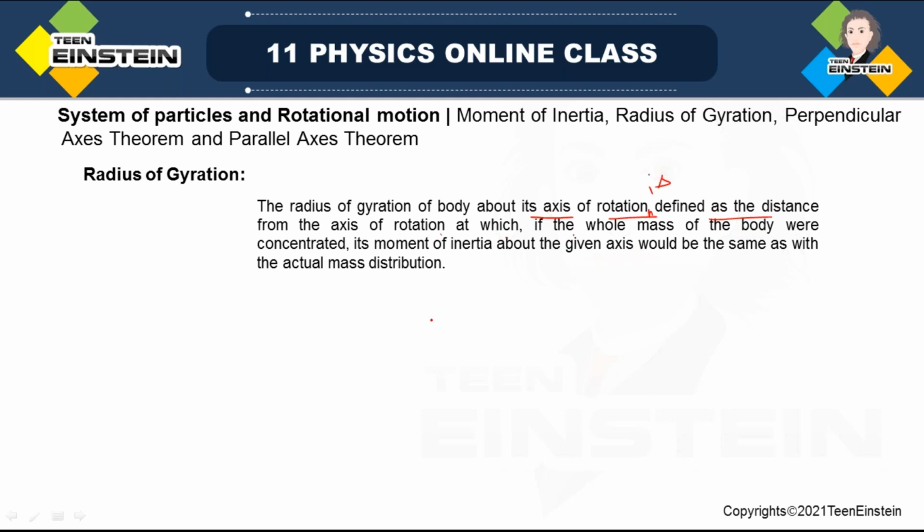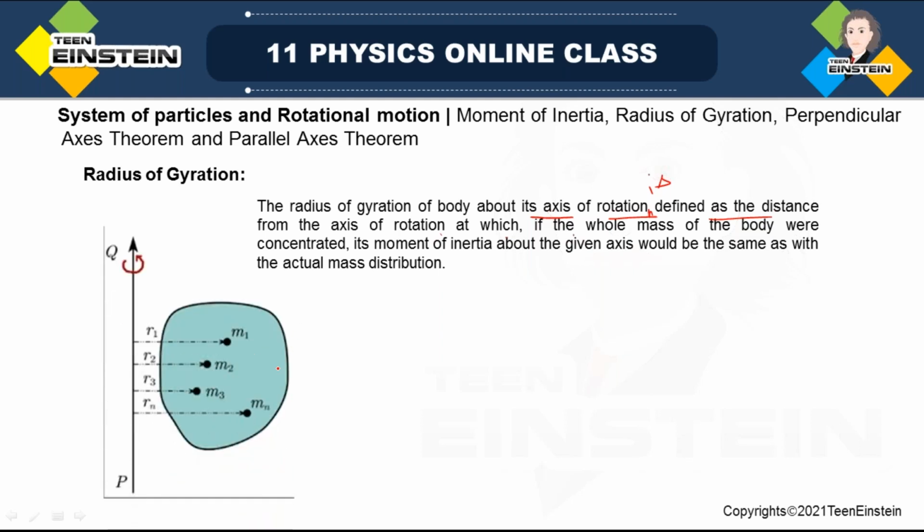What does this mean? Suppose I have such an object, which is constituted by m1, m2, m3, etc. They have different distances from the axis of rotation.